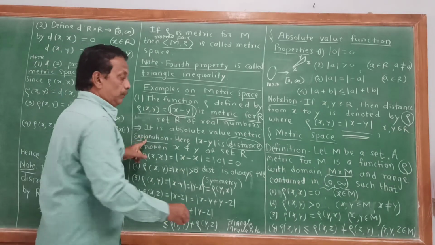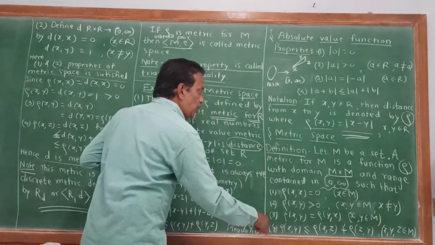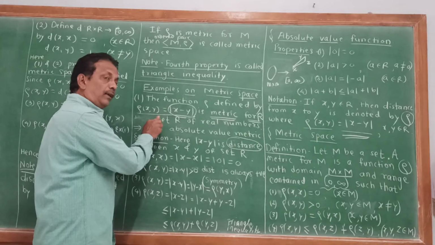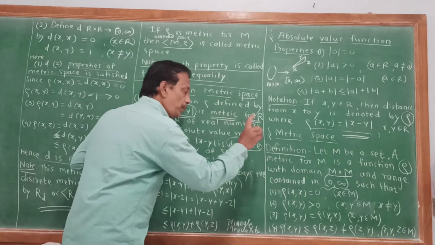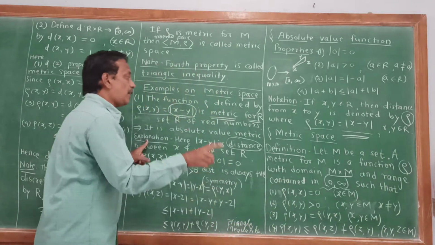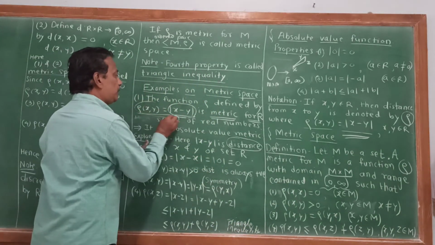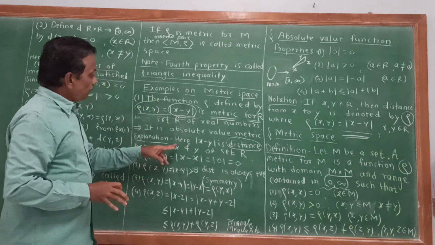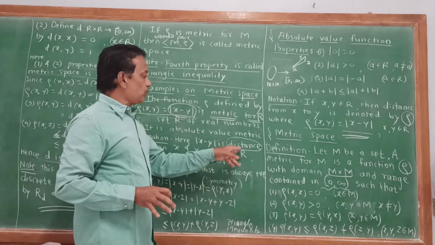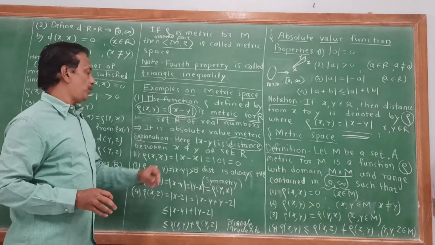Explanation: if these four conditions are satisfied by this definition, then we say that it is a metric. Therefore, mod x minus y is the distance between x and y.